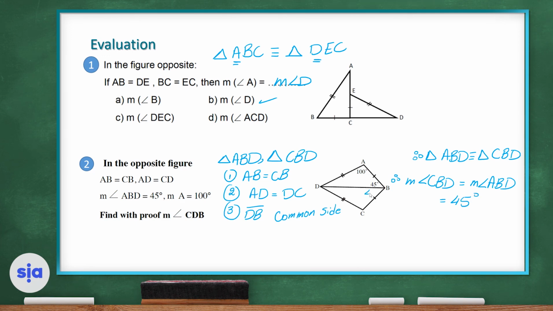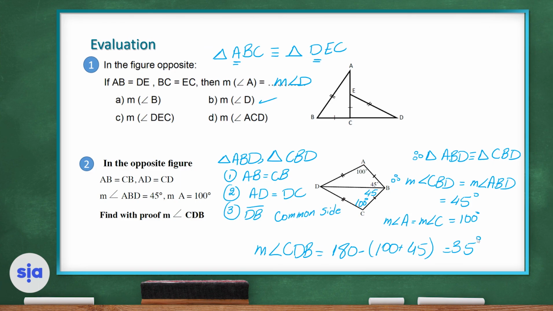And also, the measure of angle A is equal to the measure of angle C, which is 100 degrees. To find the measure of angle CDB, it's 180, take away 100 plus 45, so it is 35 degrees.